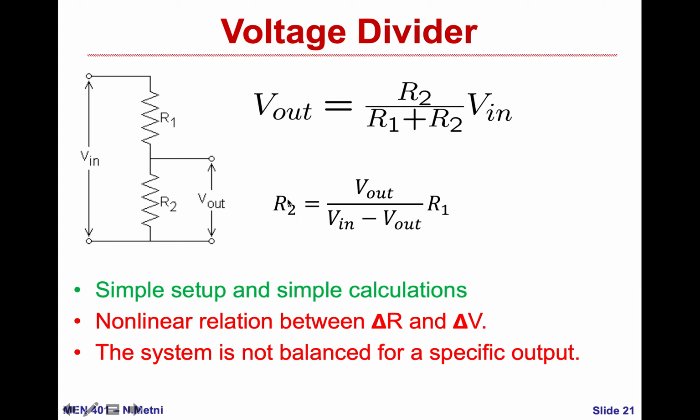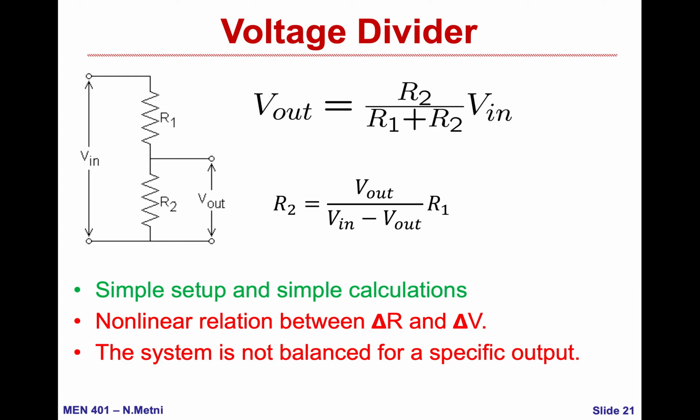So I will have R2 star equal to V out star over Vn minus V out star, times R1. Now my delta R, which is R2 star minus R2, is equal to, when you put this equation in, a nonlinear relation between delta R and delta V, because you will have your new V out in the denominator and your new V out in the numerator. So this is the first drawback of the voltage divider.